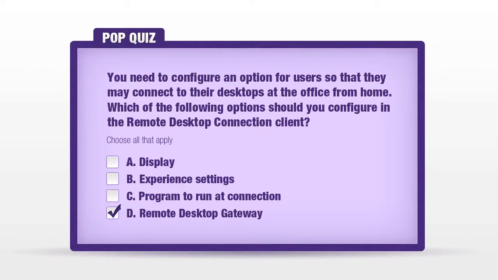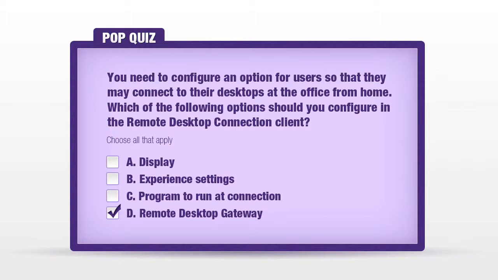The answer is D, the Remote Desktop Gateway. A Remote Desktop Gateway is a single point of entry into a corporate network. The Remote Desktop Gateway can then contain policies to determine which internal machines a particular user is authorized to use Remote Desktop for connection. When machines sit on an internal network, you cannot simply remote desktop to them from the internet.